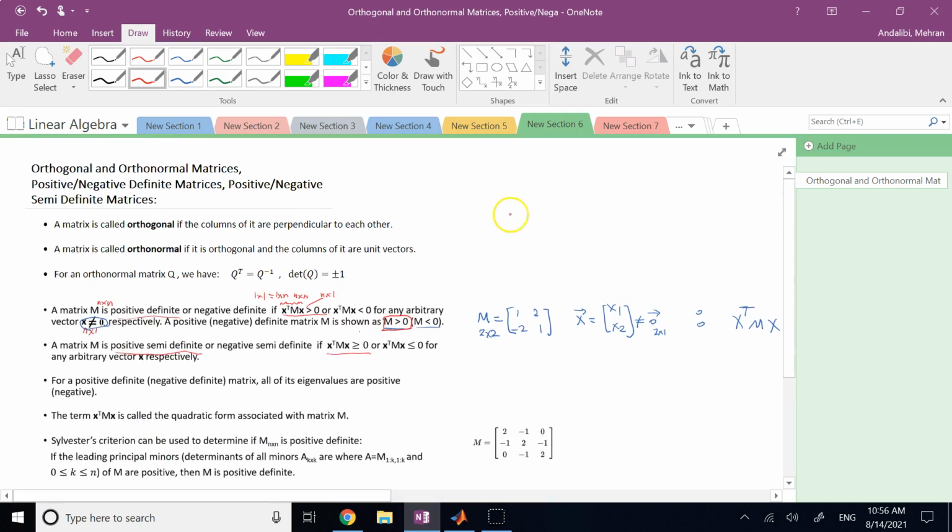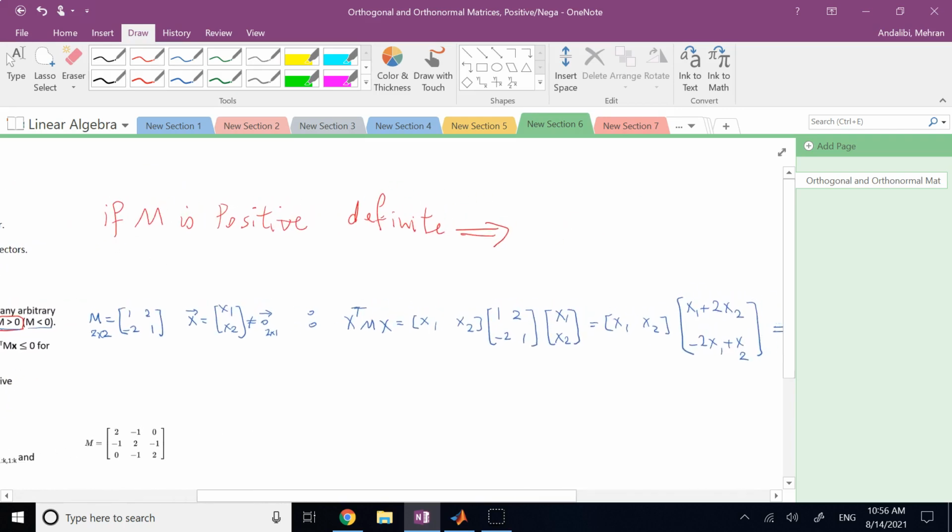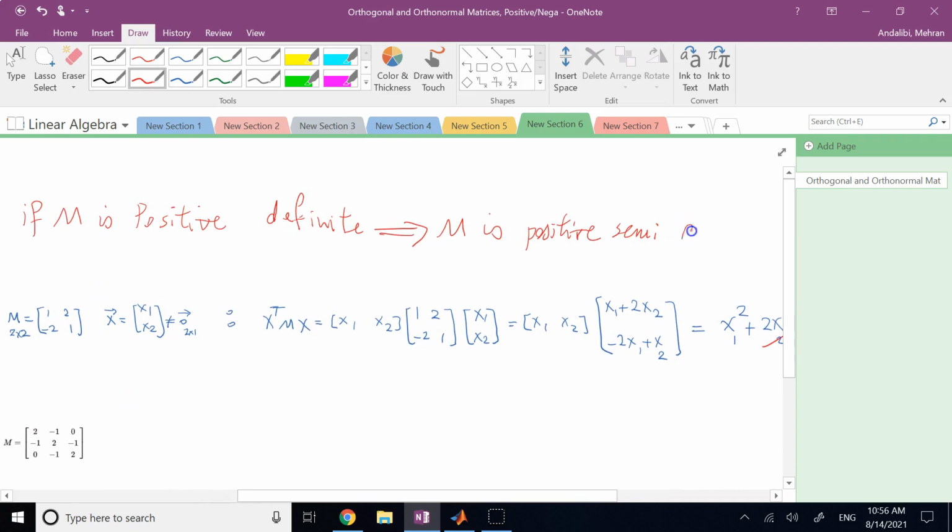So if M is positive definite, then we can conclude that M is also positive semi-definite.